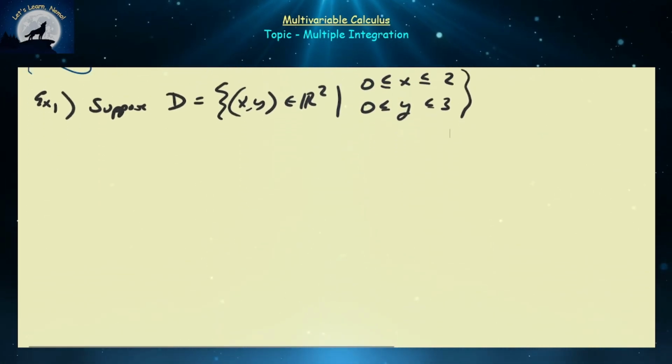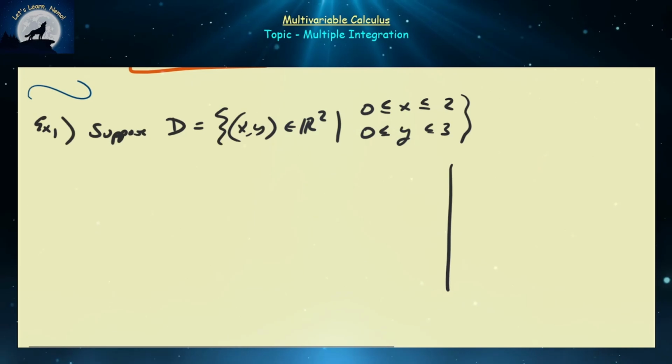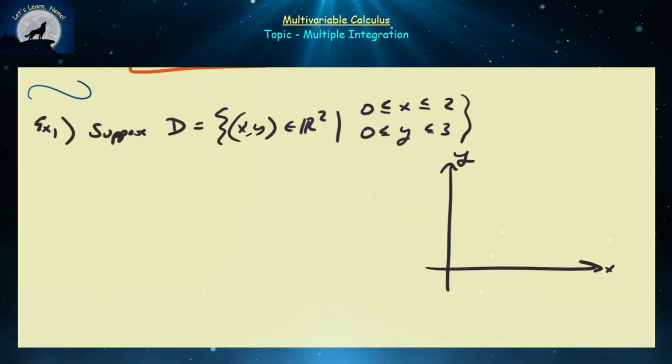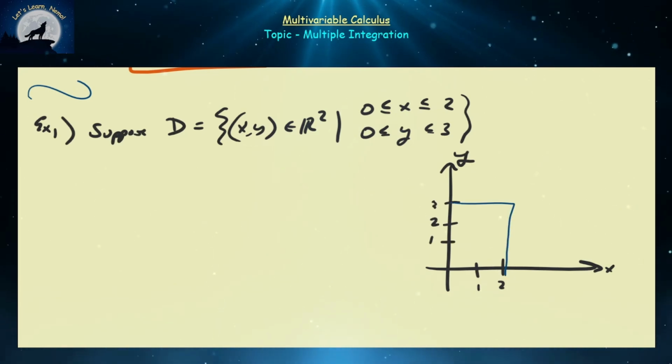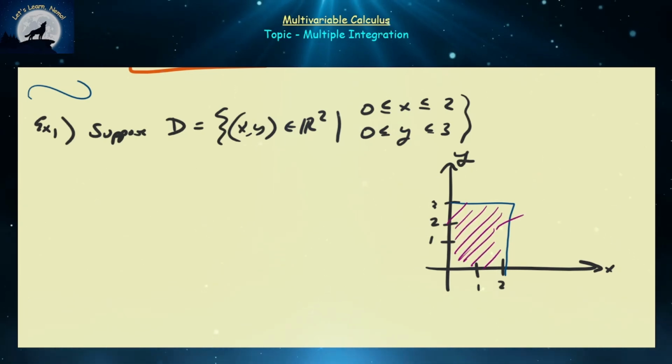So let's first start off by graphing this domain, just to see what type of area we are integrating over. So x goes from 0 to 2, and then y goes from 0 to 3. So what we're going to be having is this region, right? So D is a rectangle.